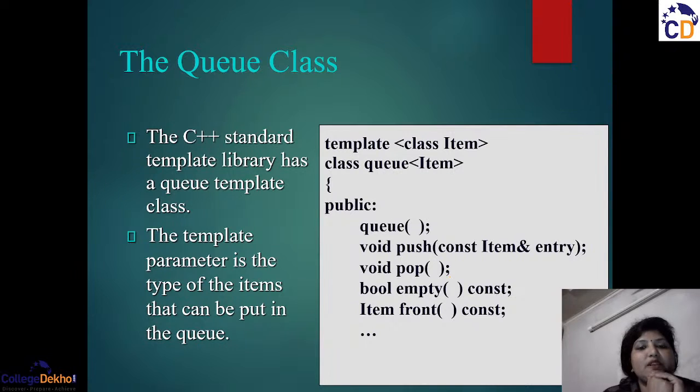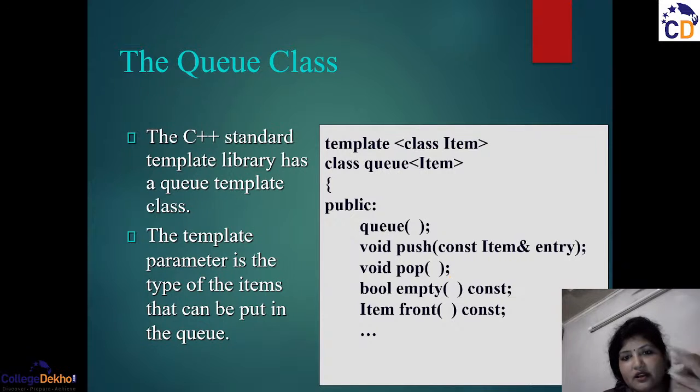So let's see what the different functions are in our queue class whenever we are using the C++ library. First of all, you have a template library that has a queue template, right? And in this we have a queue class, which basically has data members and member functions. The first member function is queue itself.